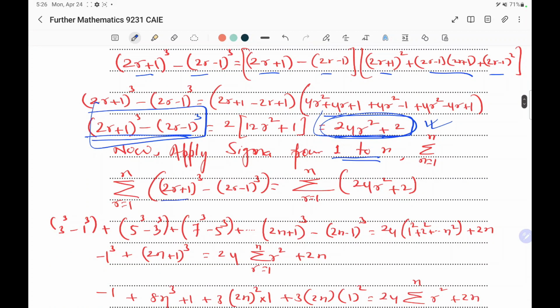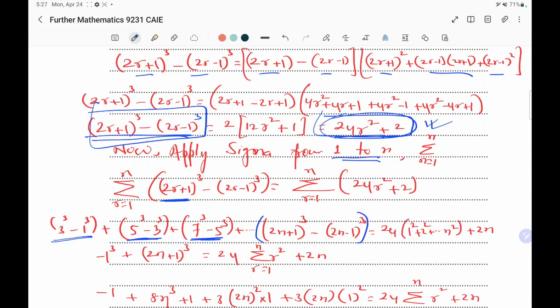Now when you put r equals 1 here, then this is 2 times 1 plus 1, that's 3 whole cube, and 2 times 1 minus 1, that's 1 whole cube. So you will get 3 cube minus 1 cube. When you put r equals 2, you will get 5 cube minus 3 cube. When you put r equals 3, you will get 7 cube minus 5 cube. Similarly, this procedure will go on, and finally you have to put n. So this is 2n plus 1 whole cube minus this.